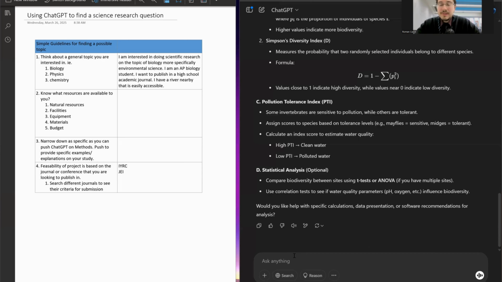Let's say of $100, $200, $50. It depends. Okay. You can mention, I don't have access to lab grade water quality measuring tools. What can I use?